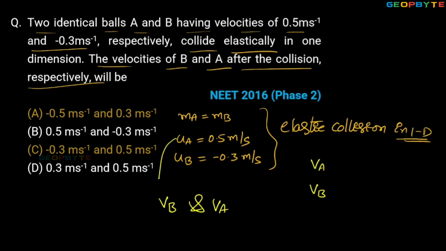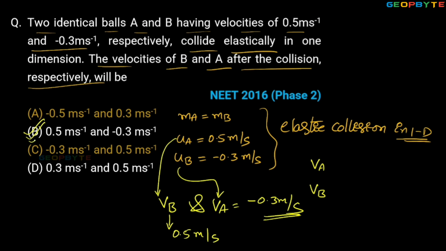Velocities are exchanging means UA is becoming VB and UB is becoming VA. That means VB equal to 0.5 meter per second, VA equal to minus 0.3 meter per second. That means when elastic collision is happening between two bodies which are maintaining equal masses, just velocities are exchanging.